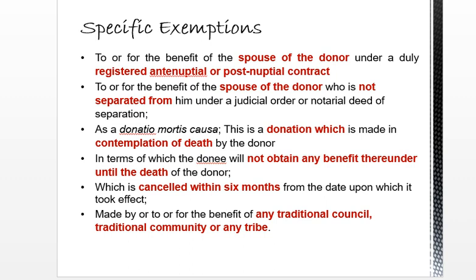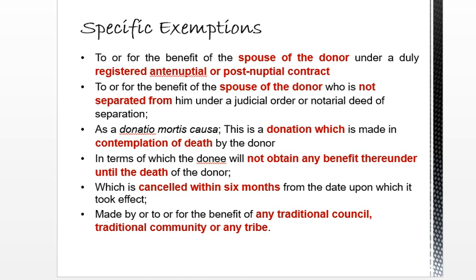Okay. Now the first one is a donation to the spouse of a donor under a duly registered nuptial or post-nuptial contract. So when you make a donation to your spouse, this is specifically exempt. And also to the benefit of a spouse of a donor who is not separated from him under a judicial order or deed of separation.